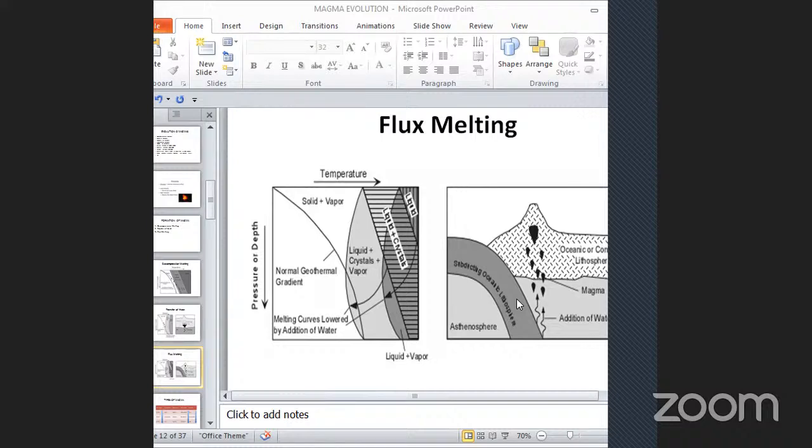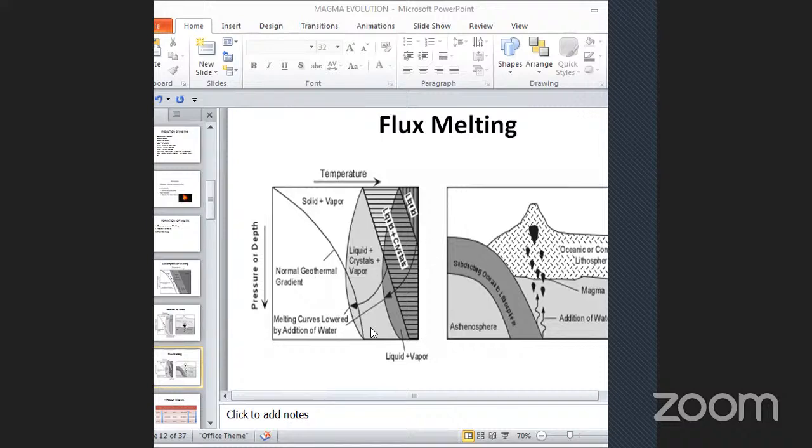If the addition of water or carbon dioxide takes place deep in the earth, where the temperature is already high, this lowering of melting temperature could cause the rock to partially melt to generate magma. One place where water could be introduced is at subduction zones, right?